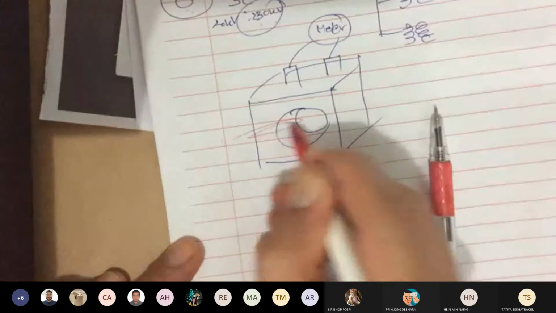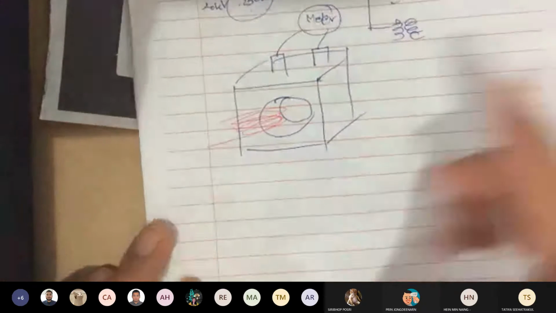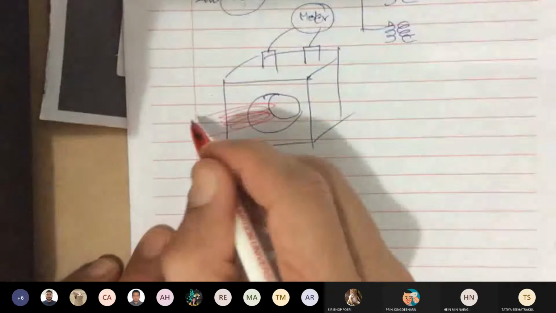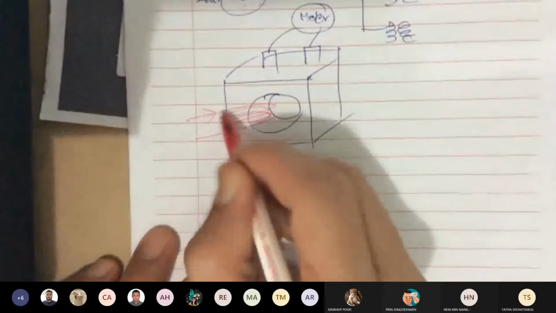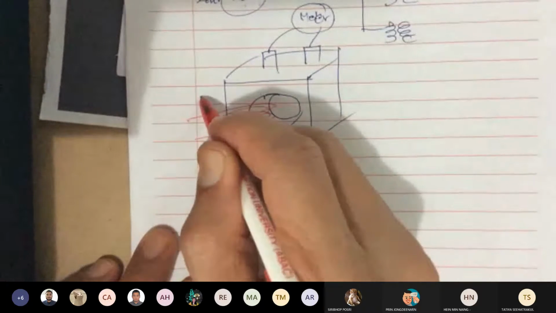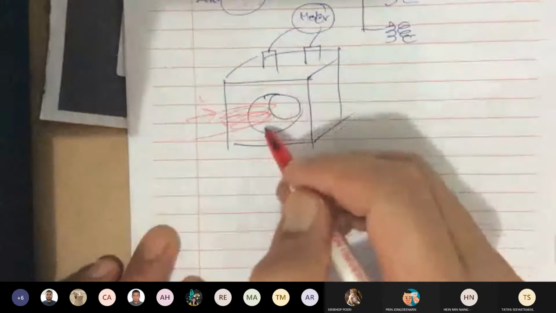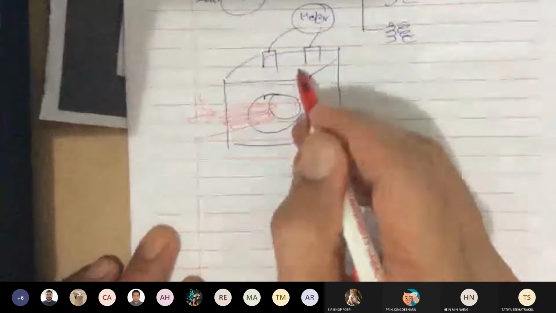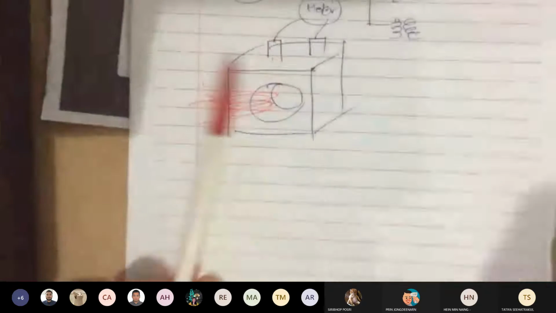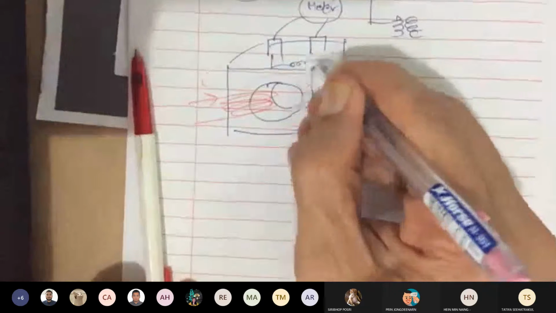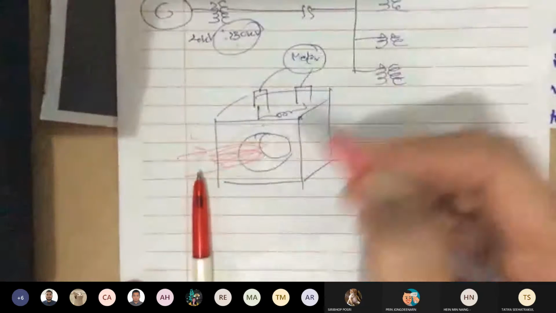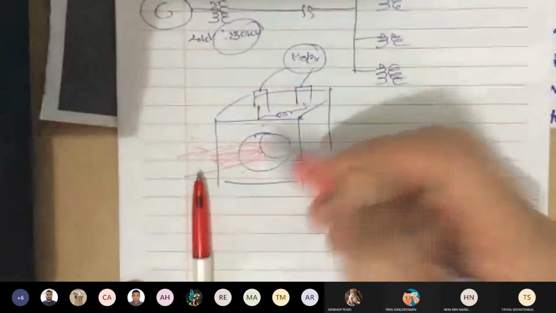Usually there's a winding wrapping around. So if there's a current in this winding, you want to measure how much current. This winding current would generate a flux in this coil. That flux would induce a current in another winding connected here on the top, and it will show the readings on the meter. So this is the concept of a current transformer.